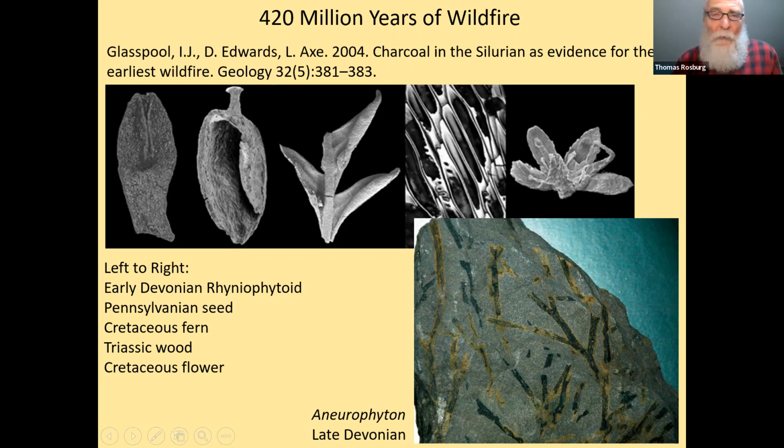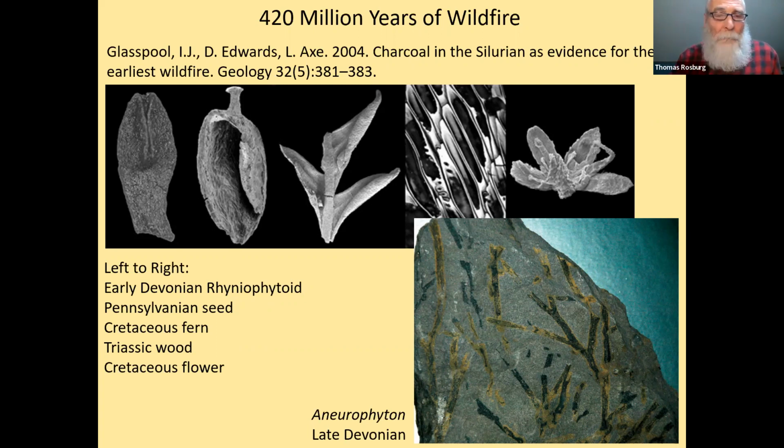The first slide here shows 5 different pieces of evidence. What paleobotanists find basically are charred plant remains. And that's what these all represent here. This very first one here is an early Devonian plant that, again, is about 400 million years ago. This rhyniophytoid, that's basically a plant that looks a lot like equisetum.